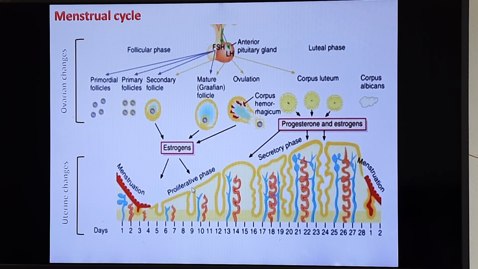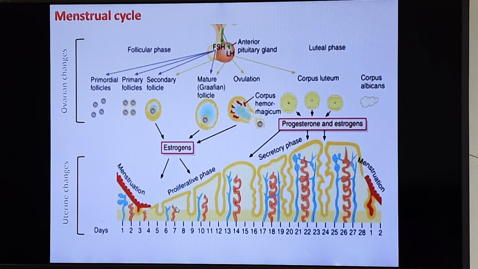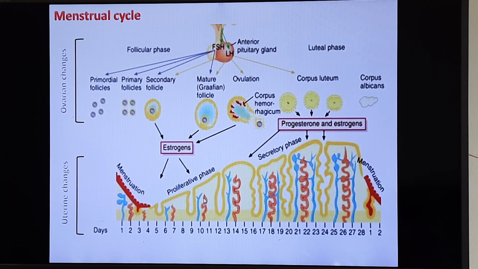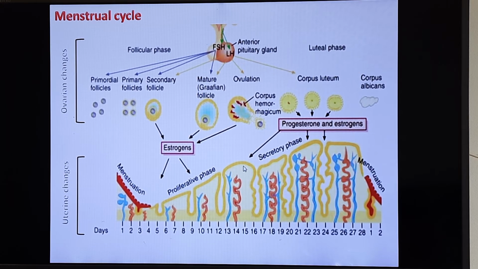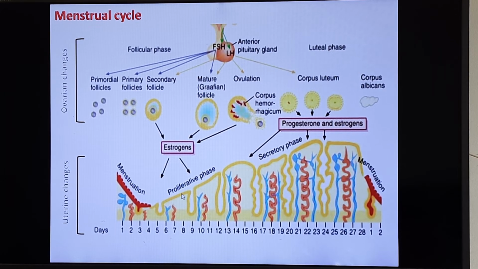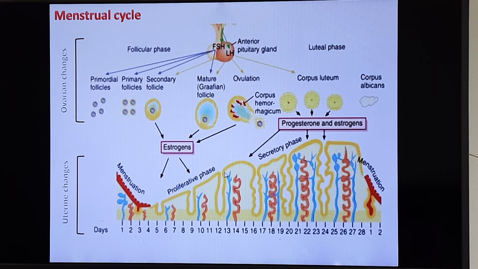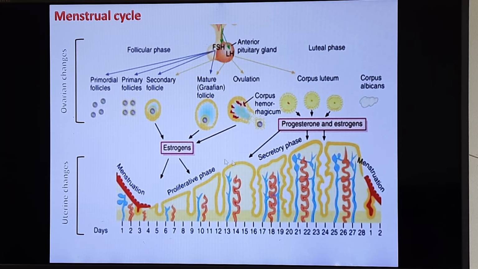Not only does it increase its size, but it also increases a network of vessels and glands in the wall of the uterus, that is the endometrium. This is under the action of estrogen.